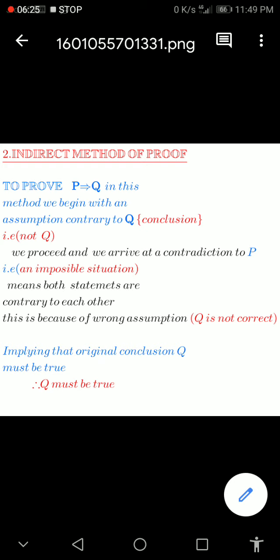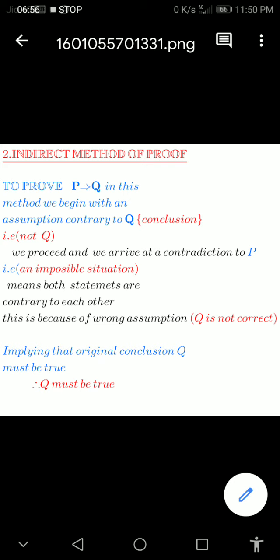This contradiction has arisen because of the incorrect assumption that we made in the beginning, that is, Q is not correct. In the beginning of the proof, we assumed that the original conclusion is not correct.